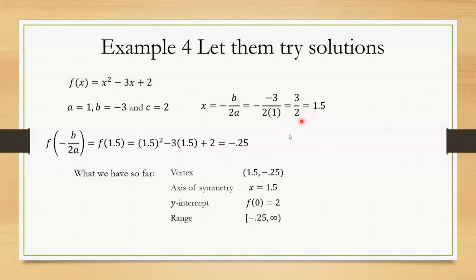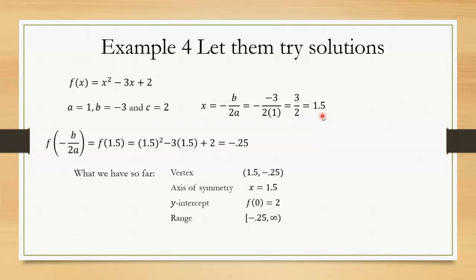Okay, so we have our x coordinate and our y coordinate. So the vertex is going to have coordinates (1.5, -0.25). That's the vertex of this. And also the axis of symmetry is x equals 1.5.